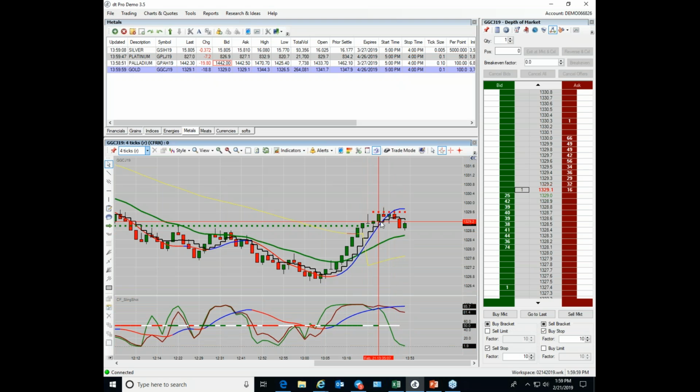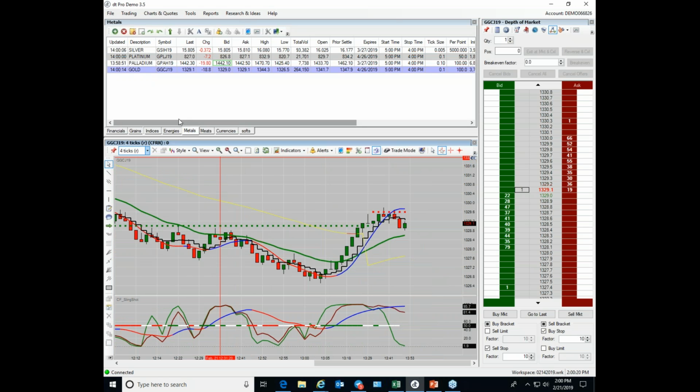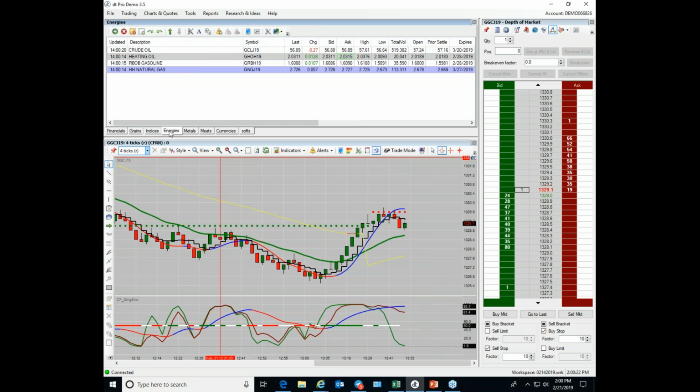So there's a lot of good stuff here. My concern is we've been down all day. The gold's down 20 bucks, and I'm not interested in buying this. If I zoom out, we are swimming against the tide a little bit. We are making some higher highs here. I'm not too thrilled about swimming against the tide.